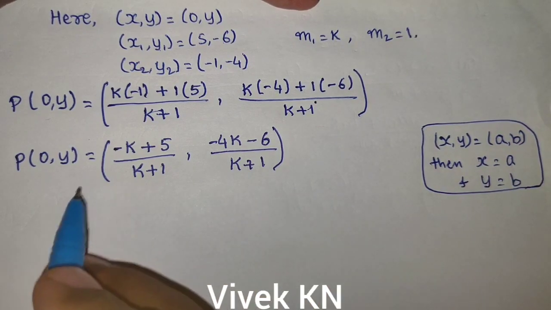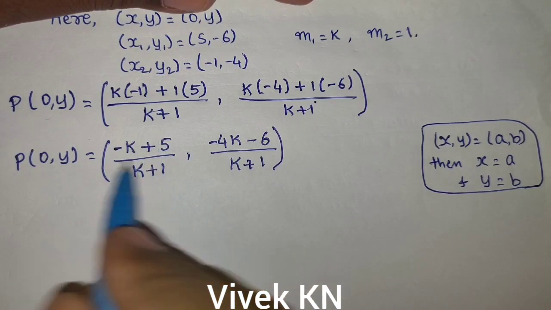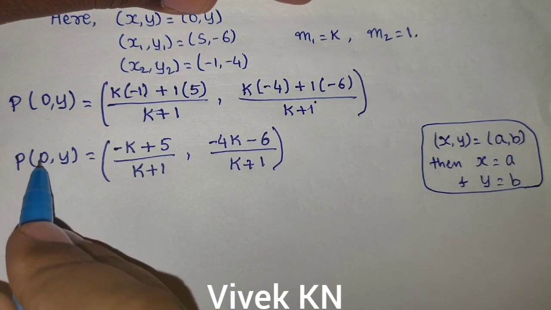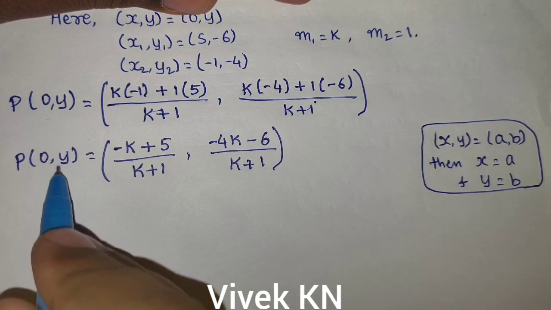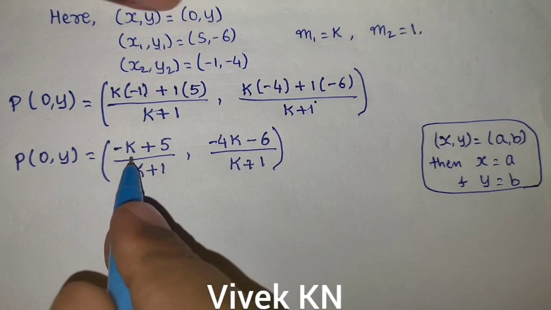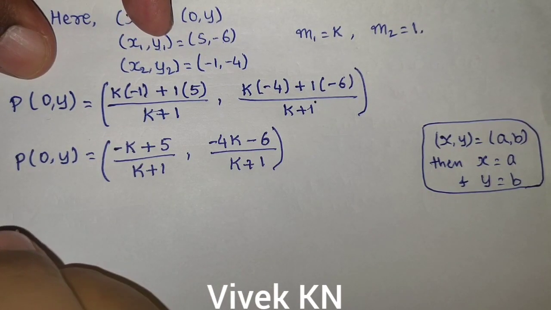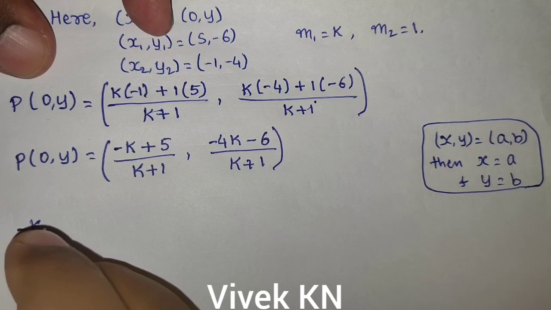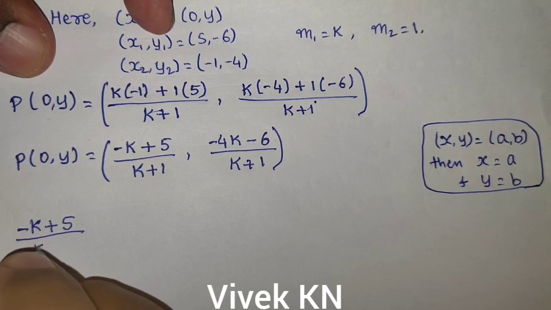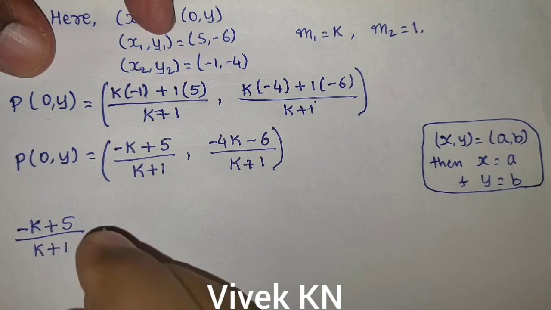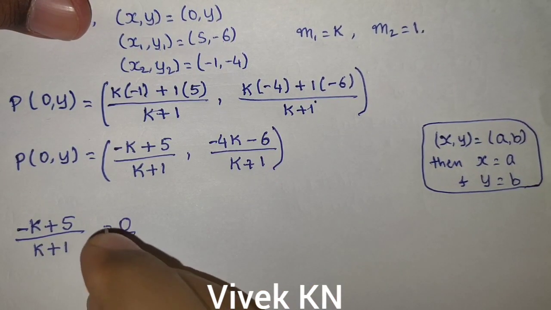In the same way, here this x coordinate is equal to this x coordinate and this term will be equal to this one. So first let us equate the x coordinates, that is (-k + 5) divided by (k + 1) is equal to 0 divided by 1.